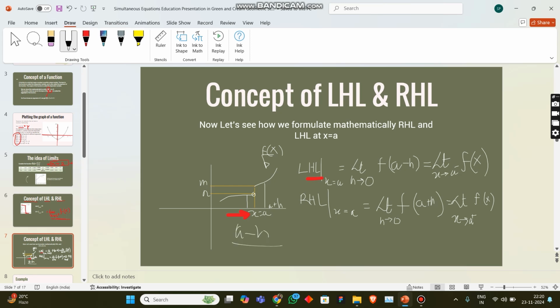A minus h we can write. So this is how we can define a limit, limit h tends to 0 f of a minus h, where h tends to 0. So if we put the value of h tends to 0, then it becomes f of a. So we are getting the same value. So here is how we can mathematically formulate left hand limit and right hand limit.